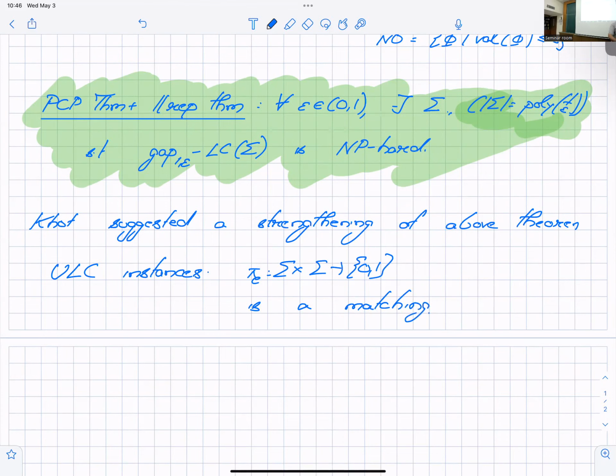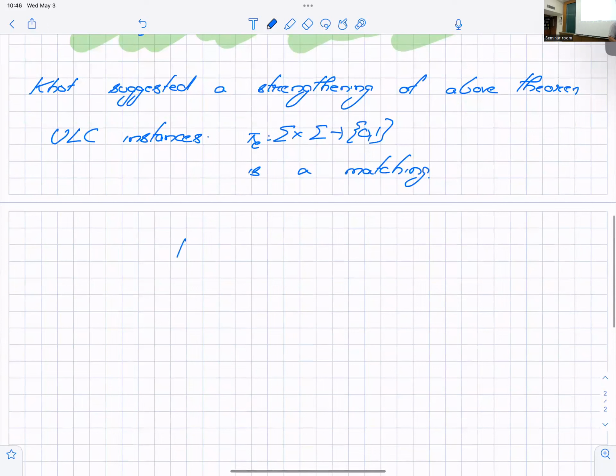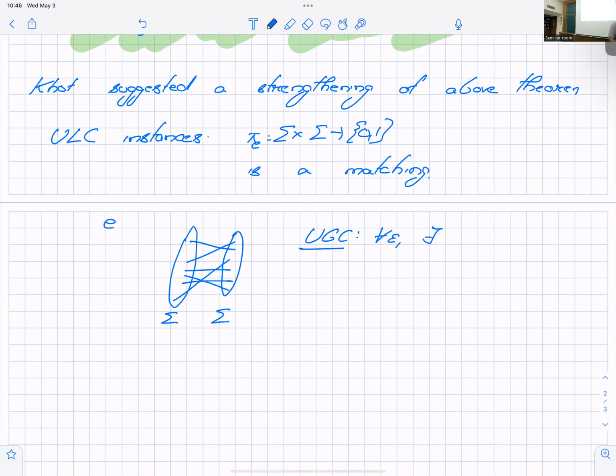That is, if I focus on a particular e and look at which are the accepting edges, this is like a matching. That's how it looks. And the unique games conjecture of Khot is basically the statement that for all epsilon, there exists a sigma such that gap(1 minus epsilon) ULC of sigma is NP-hard.